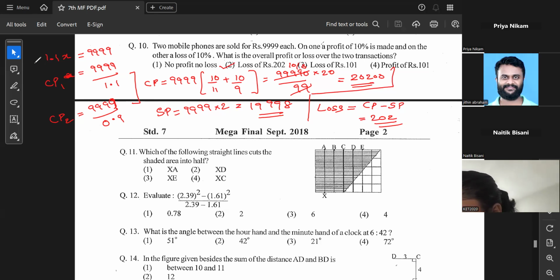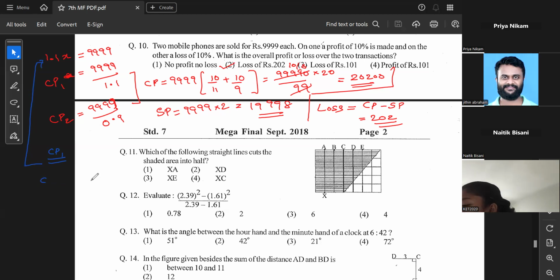Yeah, don't worry. So I'm starting from here. How did I get this? Okay. So I considered the first case, CP1 I'm trying to find. For CP1, what is CP1? It's CP1 plus 10 percentage, which means 0.1. You know this, right? Yes, sir. Okay.